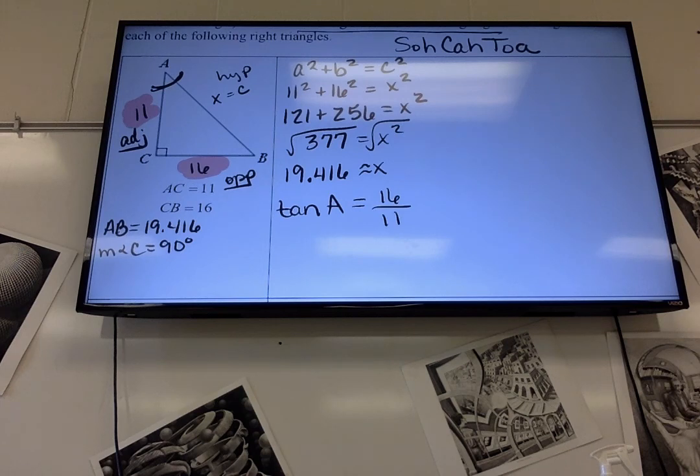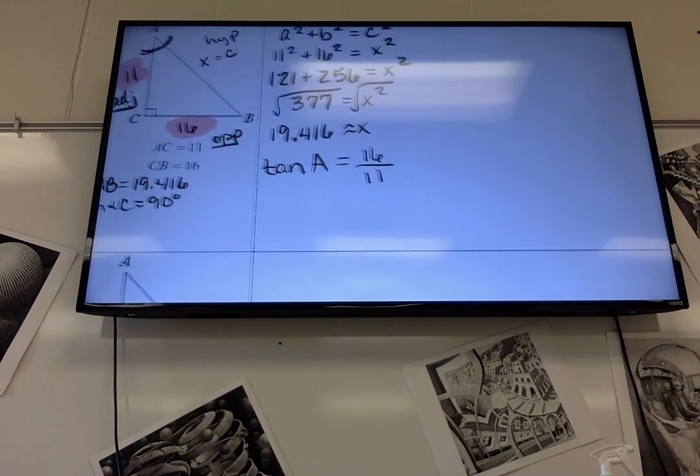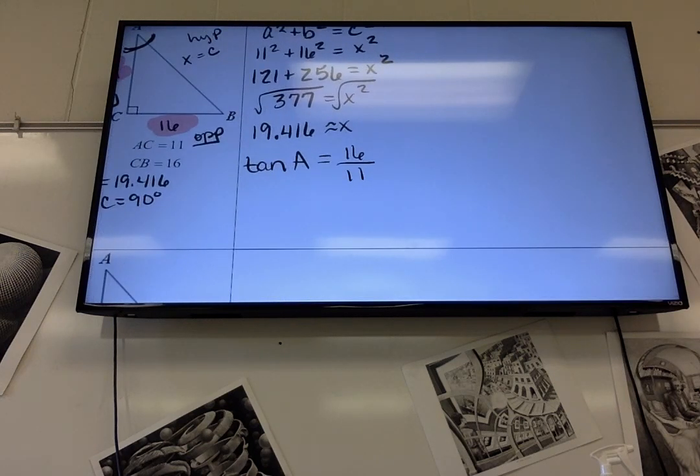Now, to get rid of tangent, you do what's called the inverse tangent. Inverse tangent and tangent are inverses of each other, just like plus and minus are inverses of each other. Multiplication and division are inverses of each other. Log and exponents are inverses of each other.